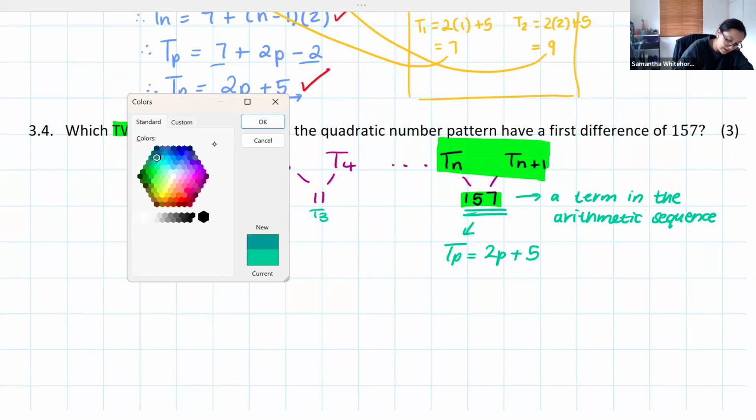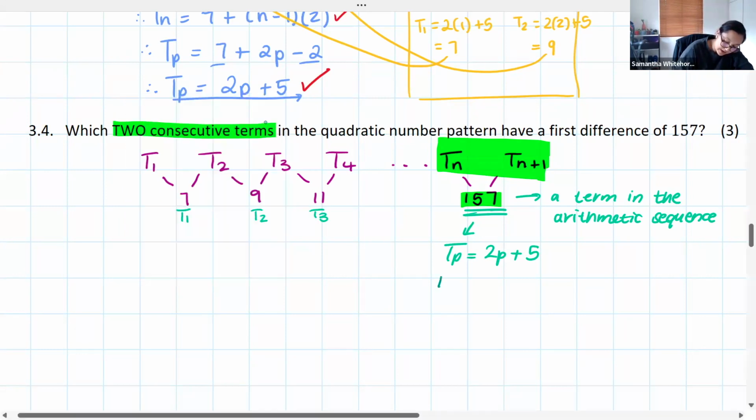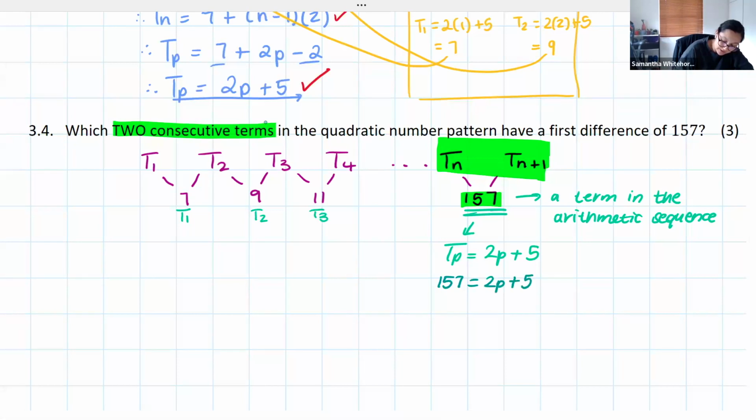So 157 is equal to 2p plus 5. I'm going to subtract 5 on both sides, giving me 152 is equal to 2p, which means that p is equal to 76.